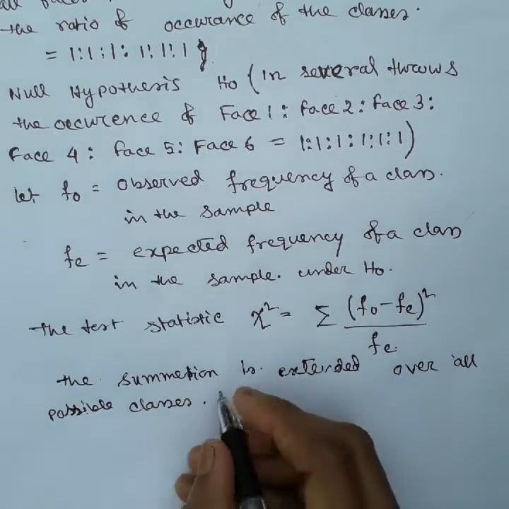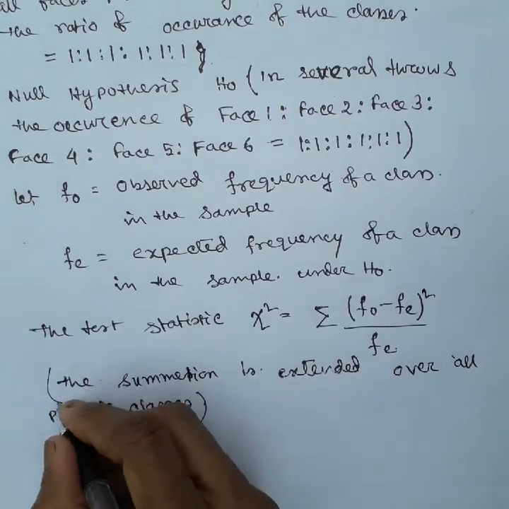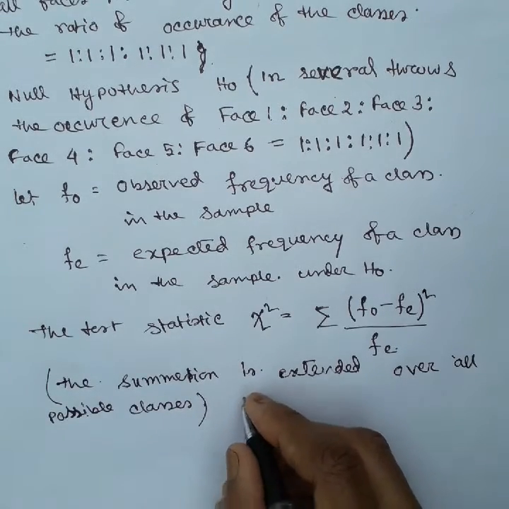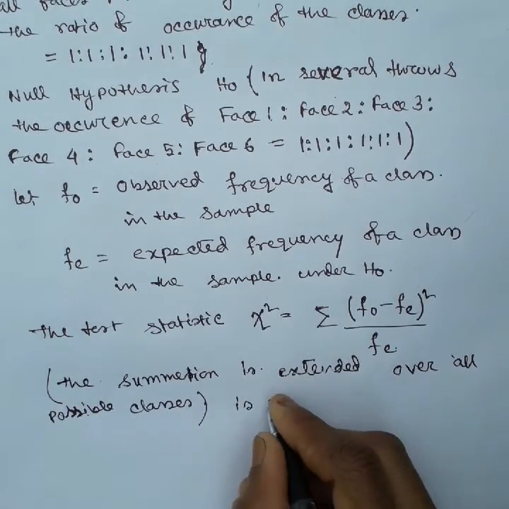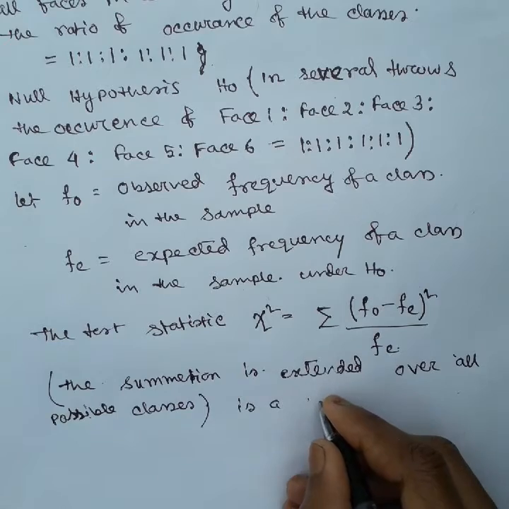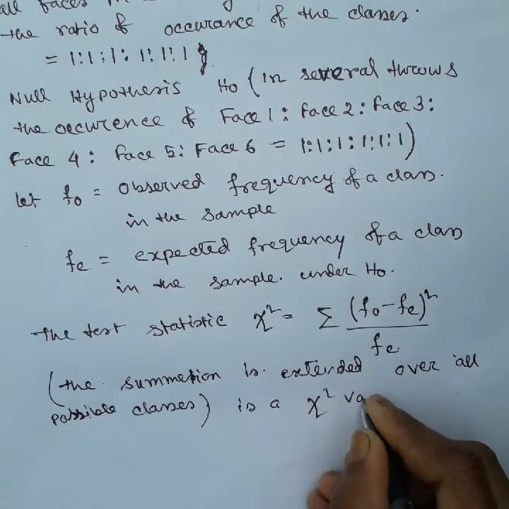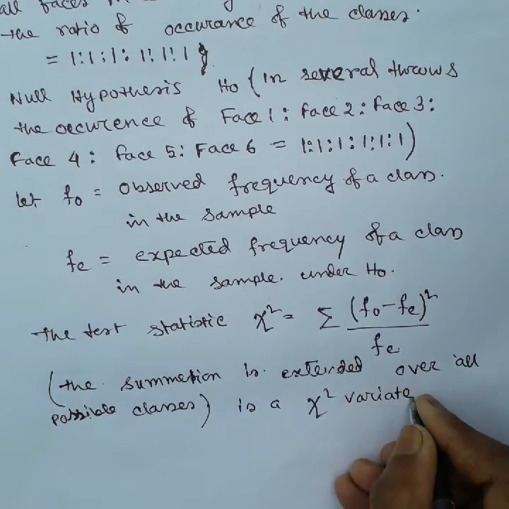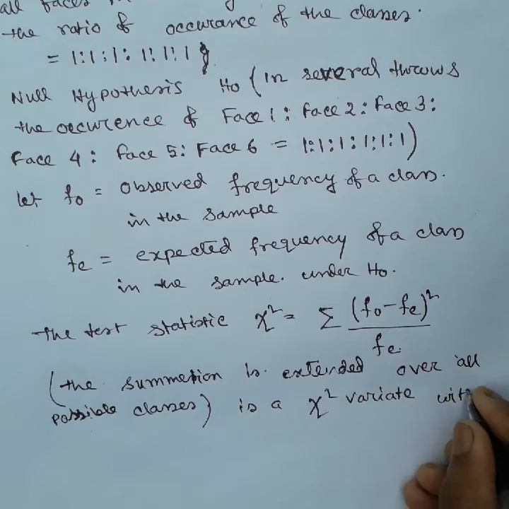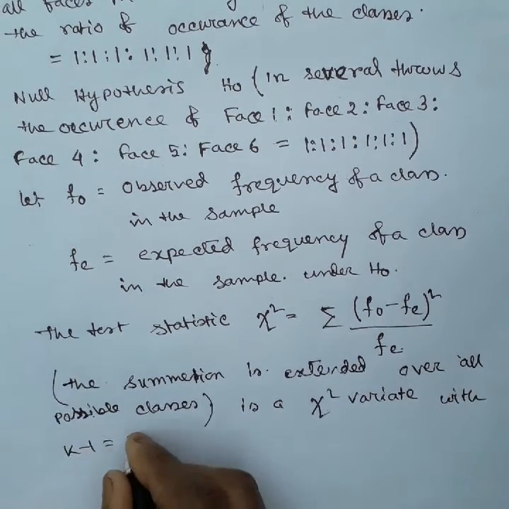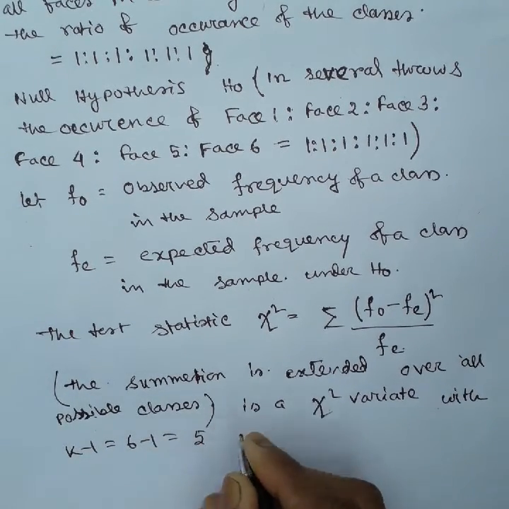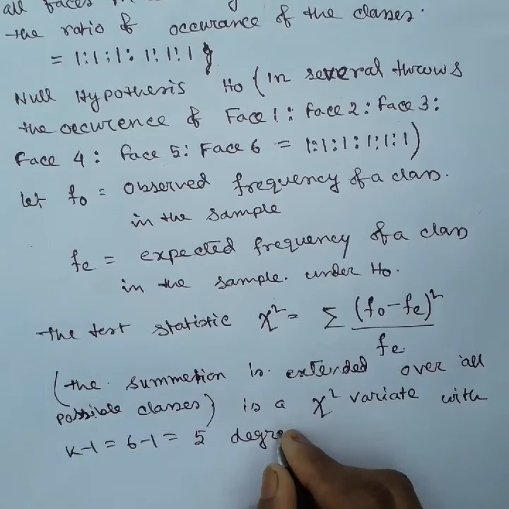And this chi-square is a chi-square variate with k minus 1, that is 6 minus 1, equal to 5 degrees of freedom.